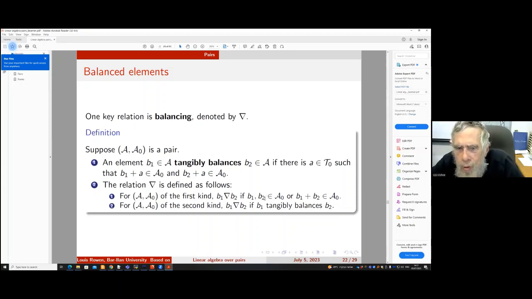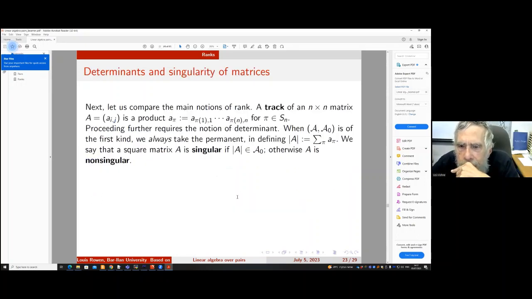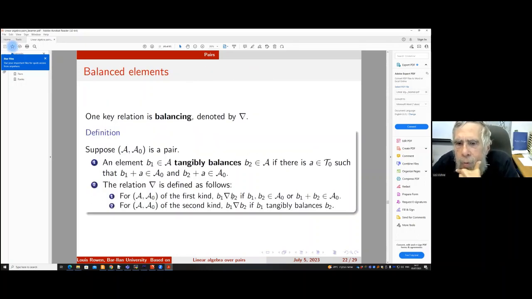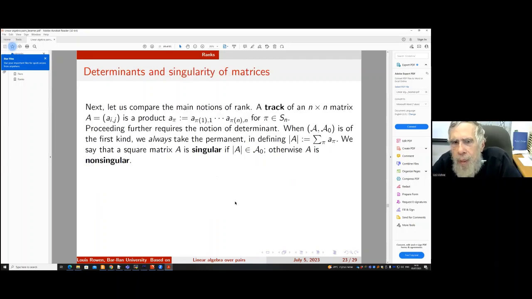So you'll say that two elements B1 balances B2 if and only if B1 plus B2 is an A naught. For the second kind, you need a more complicated definition. But the idea is that two tangible elements balance if they're almost the same.